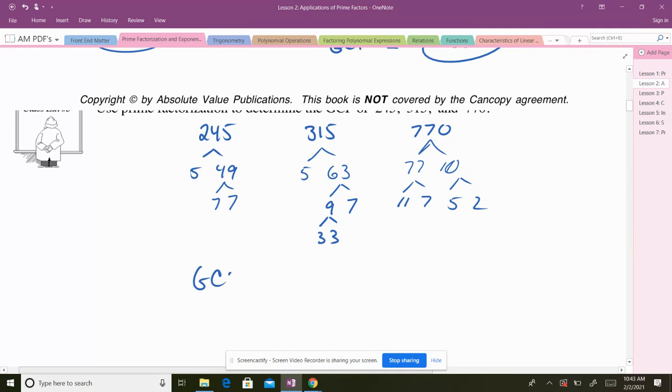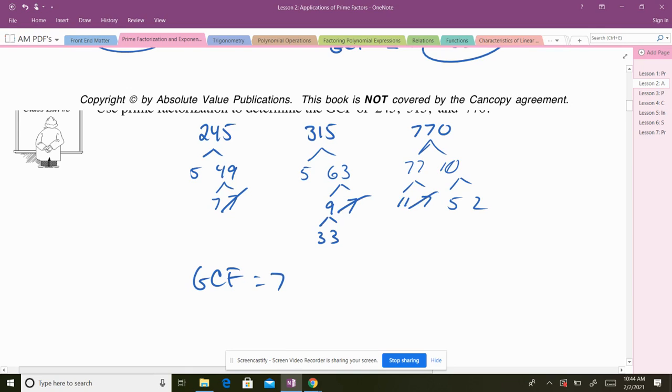Okay. If the greatest common factor for two numbers was pulling out the common prime factors, what are you going to do for three numbers? Pull out the ones that are in all of them. 7's in all of them. Does everybody agree with that? Cross it out when you use it, so you don't use it again.